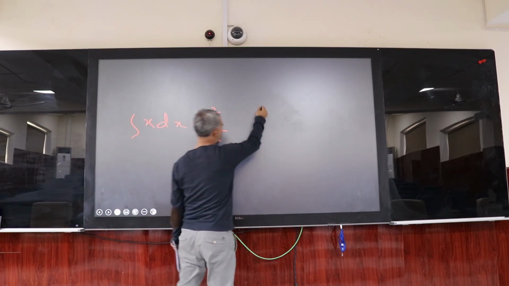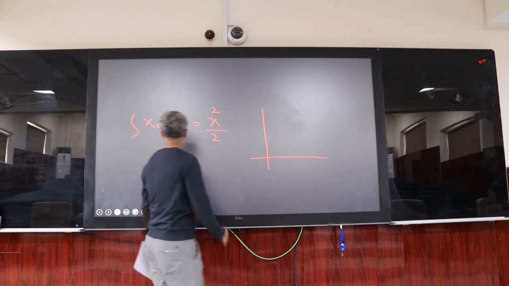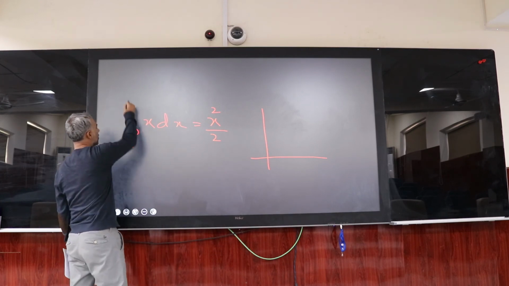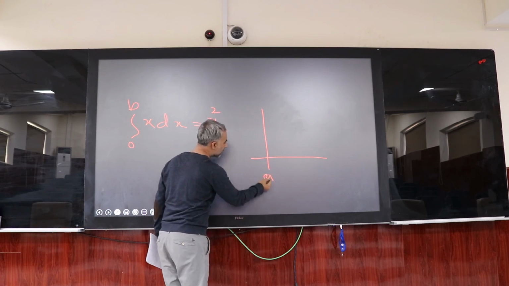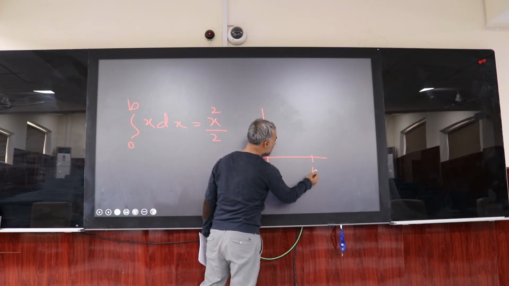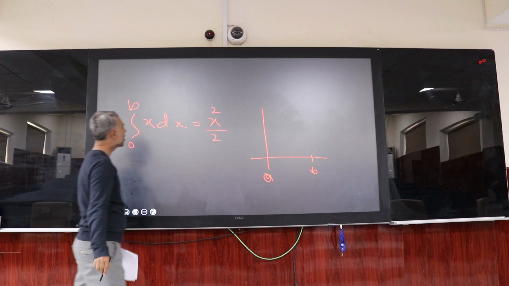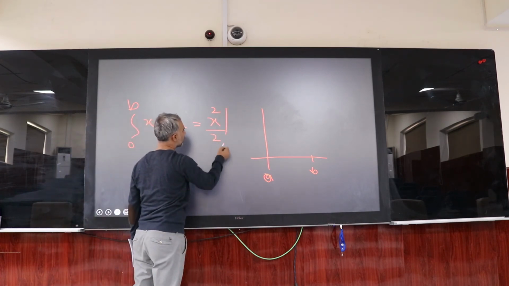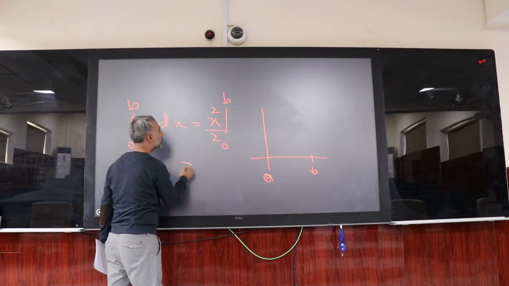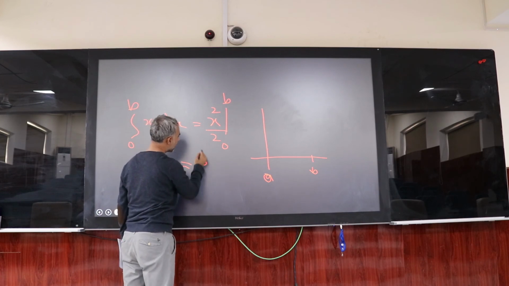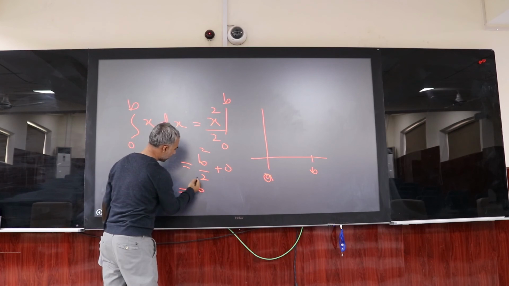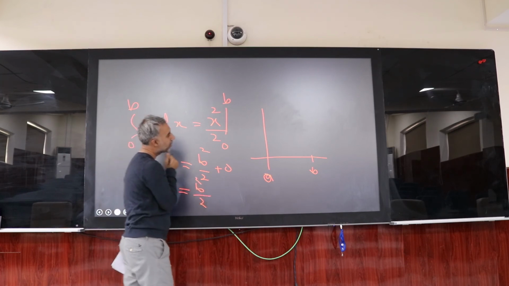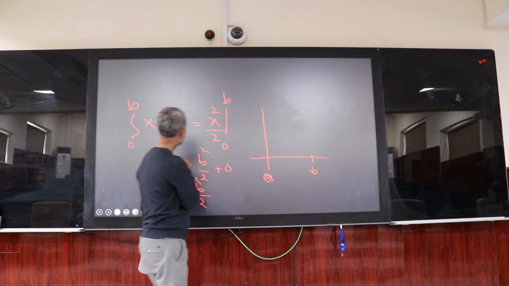Basically, if you have, for example, 0 to some b, of course, this is the original point A, or you can say 0 to some point b, and you can notice it here, it's 0 to b, okay, you need to substitute here, b square over 2 plus 0 whatsoever, so here b square over 2.